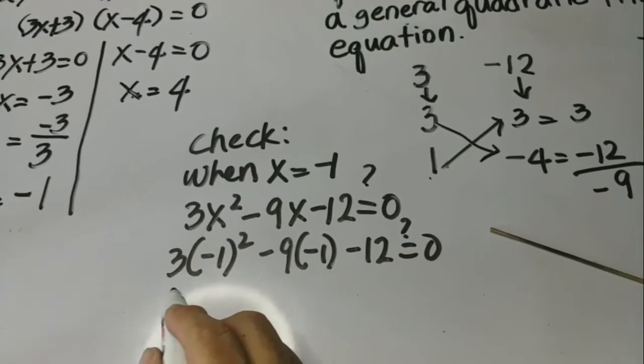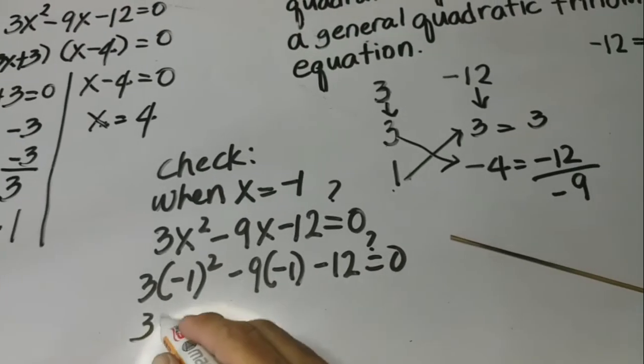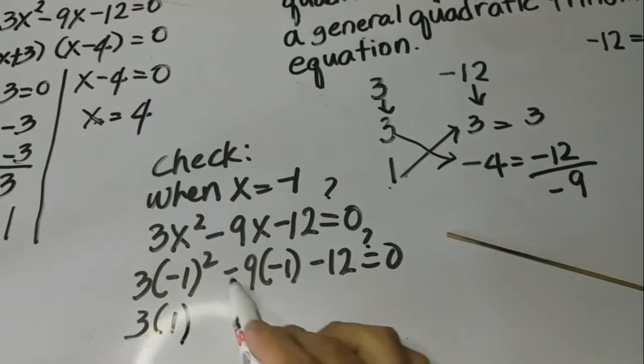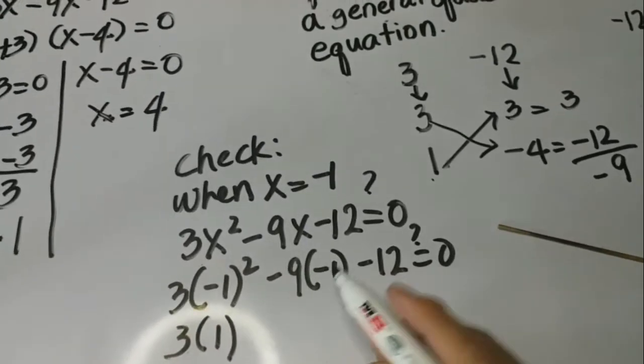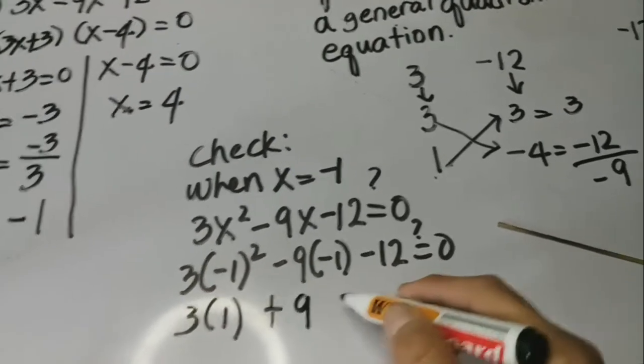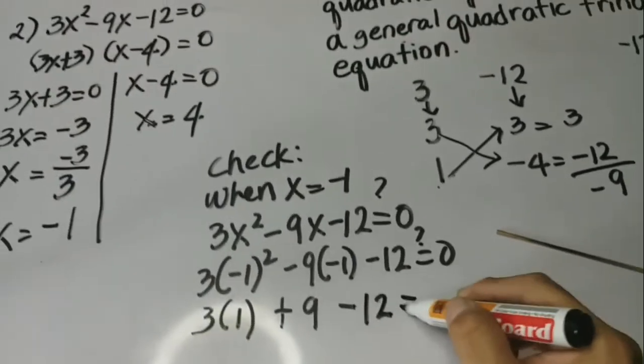Negative 1 times negative 1 is positive 1. Negative 9 times negative 1 is positive 9, minus 12 equals 0.